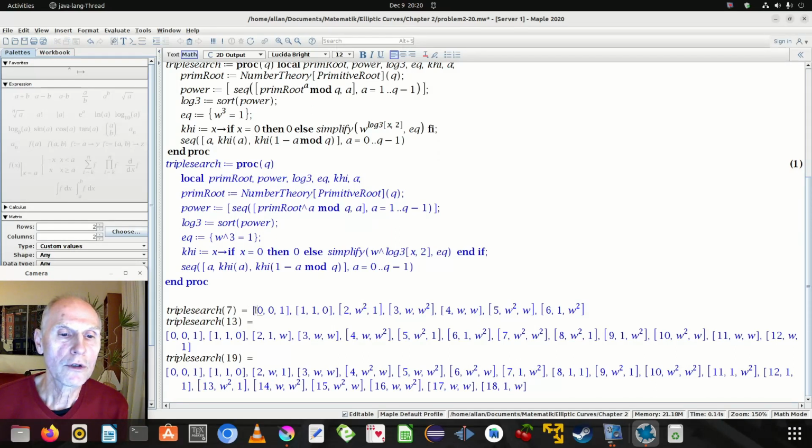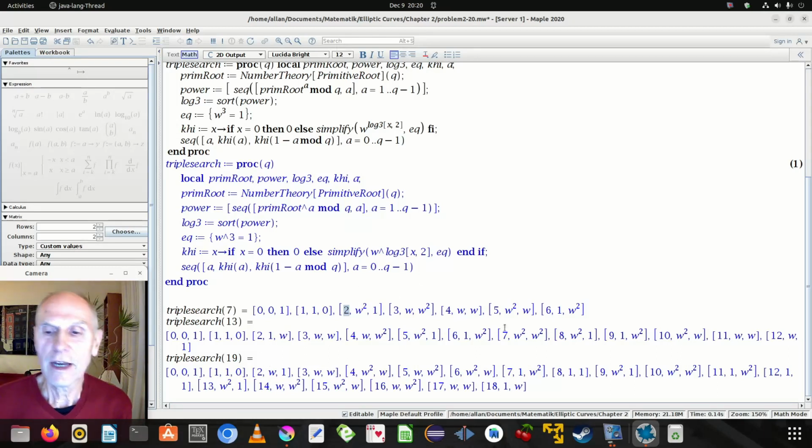So a equals naught gives naught, a equals 1, the second one gives naught, a equals 2, that was omega bar and 1, etcetera. I did the same for 13 and 19.